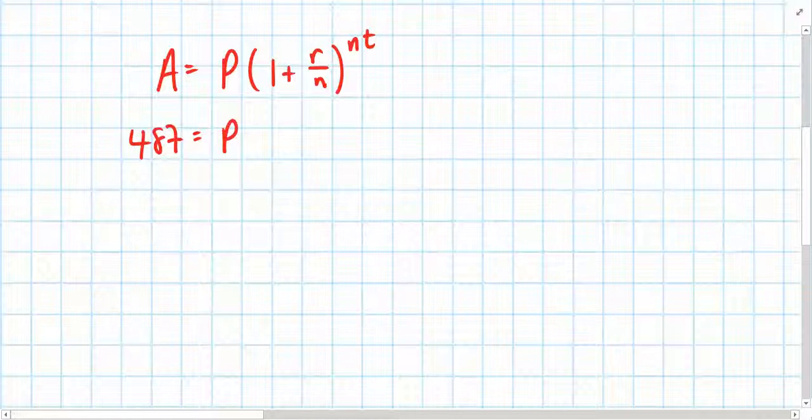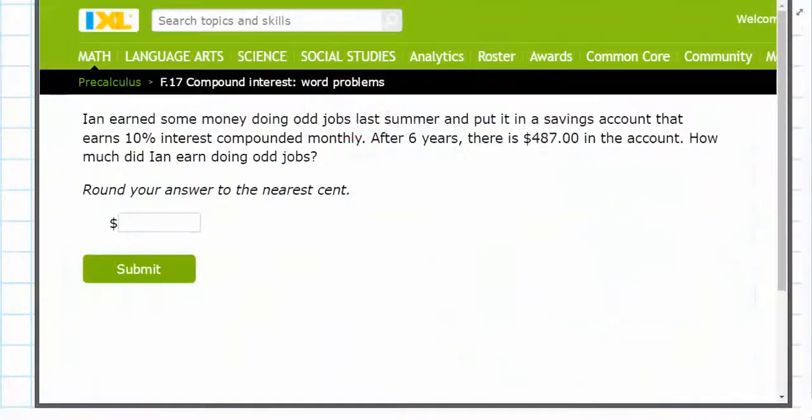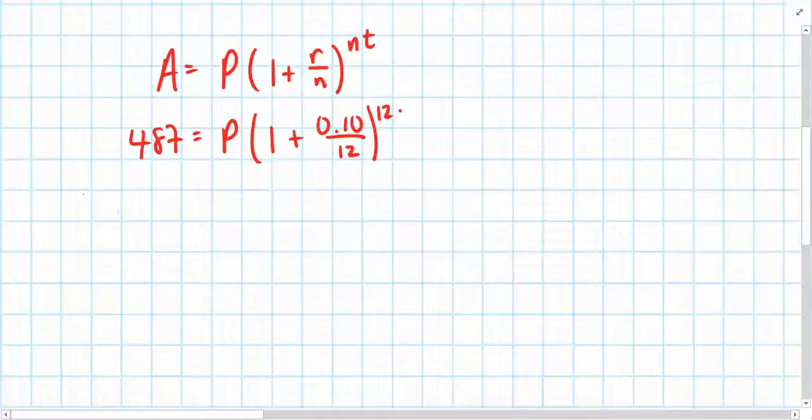We don't know how much he put aside, the principal at the beginning, and we know that the interest rate of 10% was compounded monthly for a total of, I think they said 6 years, 12 times 6.